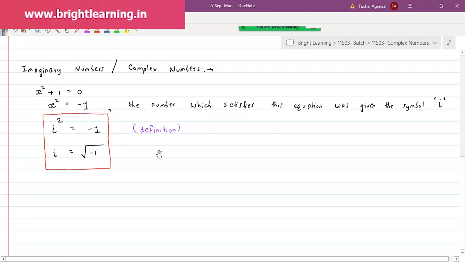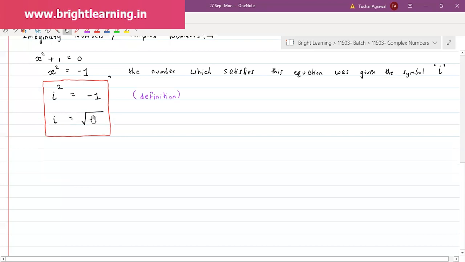Now, once you have i equal to under root of -1, another point I want to tell you is that many students have this doubt. You told me that i is equal to under root of -1.